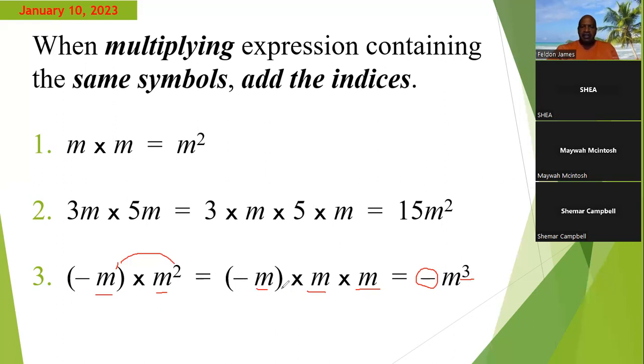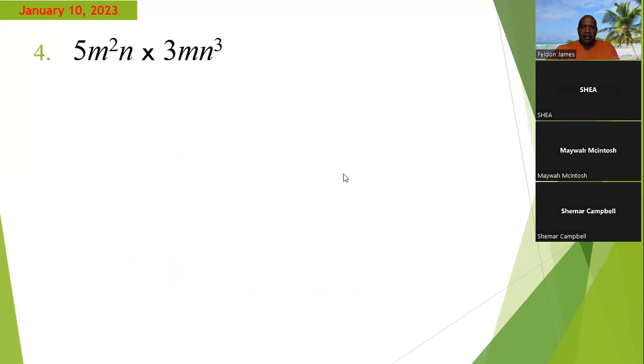You keep the negative sign because you will have negative m times m, give you a negative m squared times m again, give you negative m to the cube power. All right. Any questions so far?